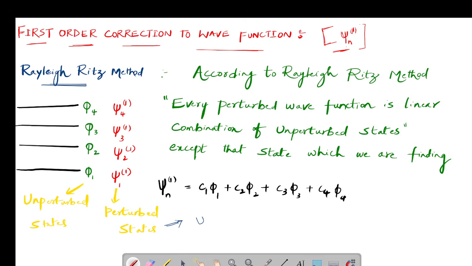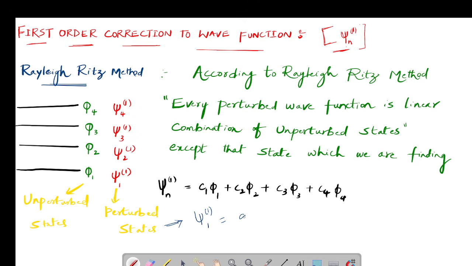Let us say psi 1 of 1 is a perturbed state. Every perturbed wave function is a linear combination of unperturbed states.